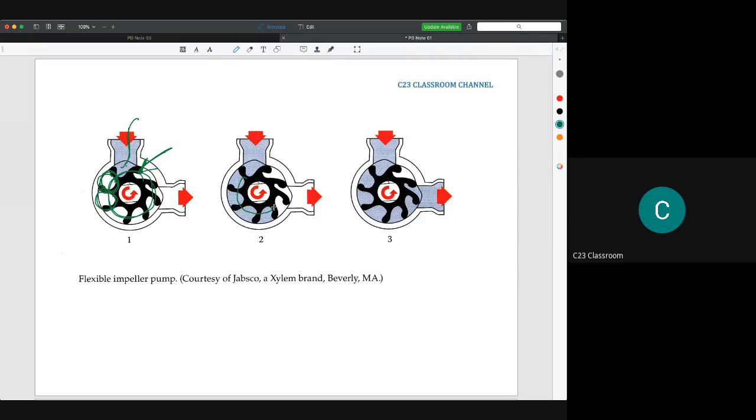The problem is this impeller needs to be tight because, after this, we will learn about a few equations related to the positive displacement pump. One of them is the volumetric efficiency.